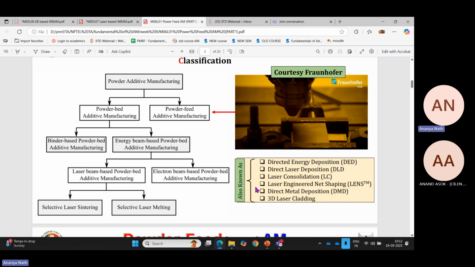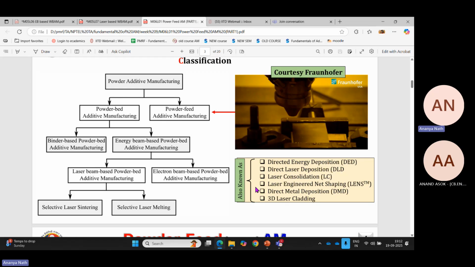It's not like wire, which comes through the nozzle simultaneously with the electron beam. So powder fed electron beam AM is not possible. But under powder AM, we have laser powder bed fusion as well as electron beam powder bed fusion.